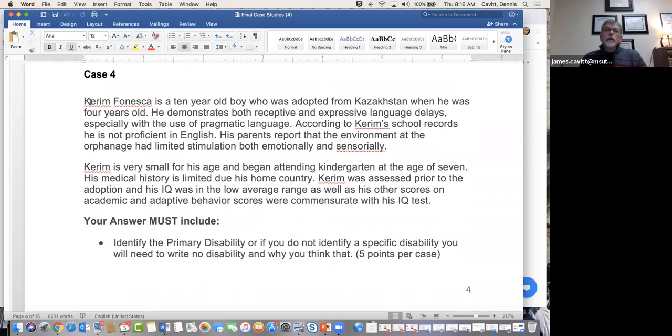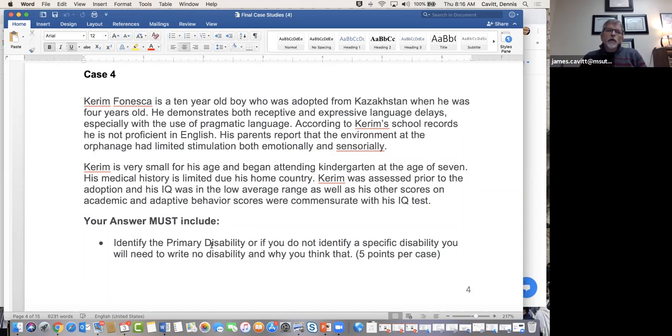He is an English language learner, and he doesn't have the need for specially designed instruction. He has a need for English language instruction.